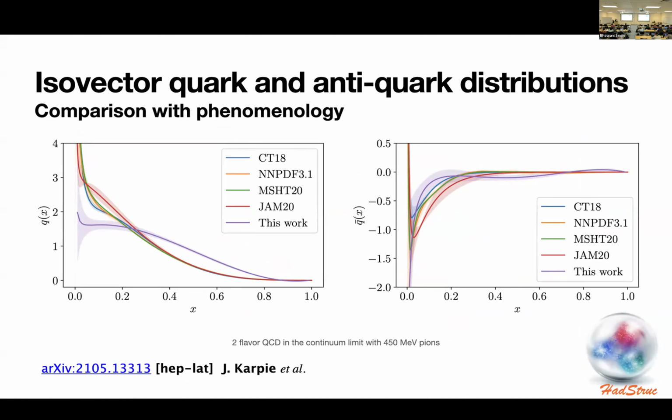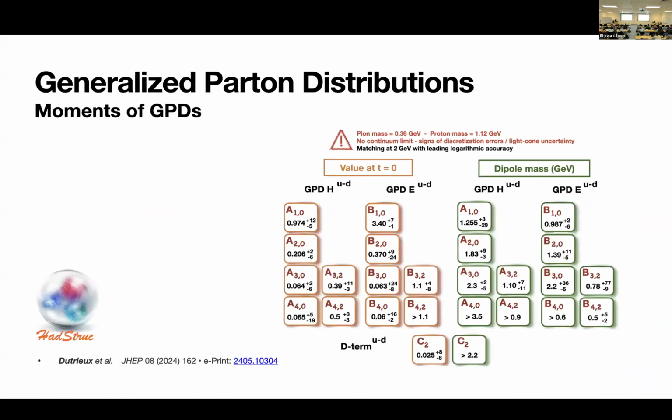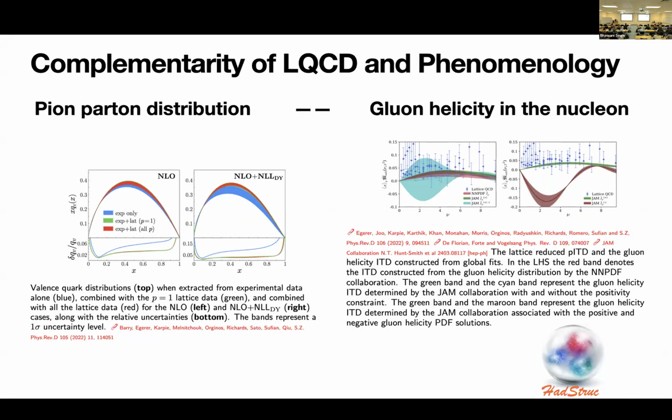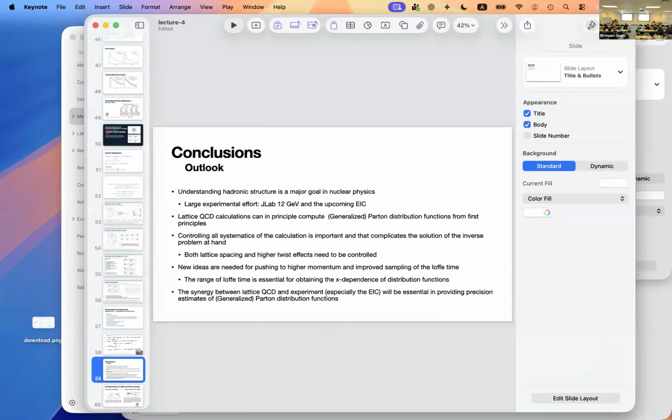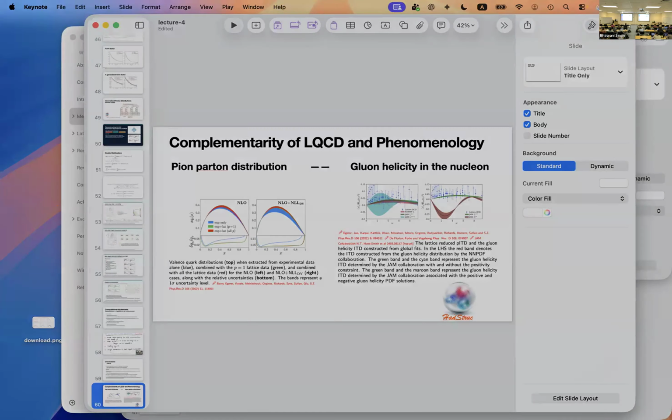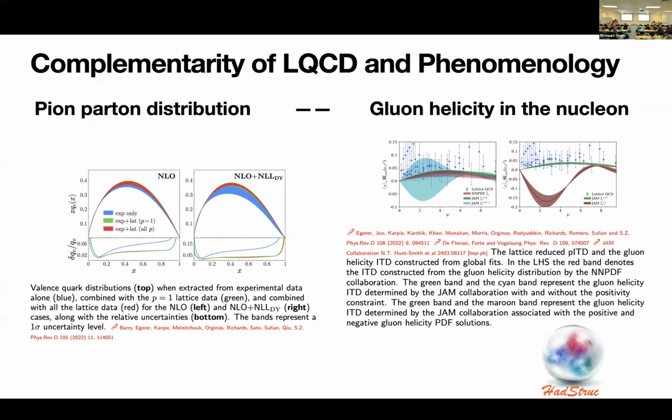And if you wanted to see something about Pion PDFs, I can go down here. I don't have the Pion PDFs. Sorry, we have done this with Pion PDFs, but here is a crazy calculation, in my opinion, that shows you the potential complementarity between lattice QCD and phenomenology.